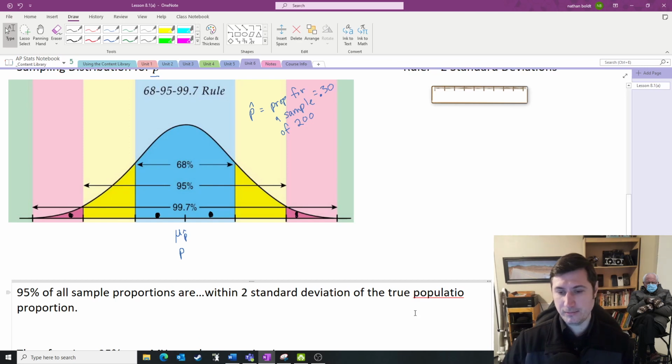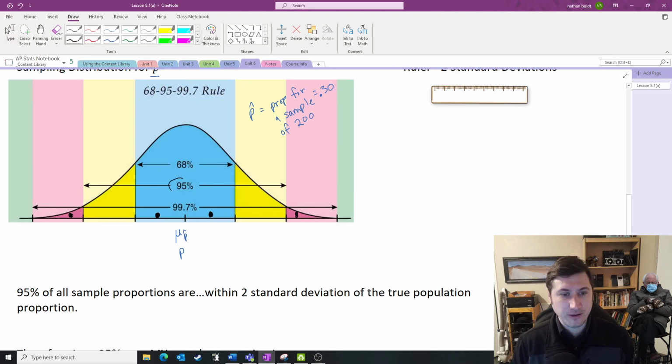Oops, I forgot my n. We know the 68, 95, 99.7 rule. 95% of all samples will be between here and here. That's just the basis of the normal model.